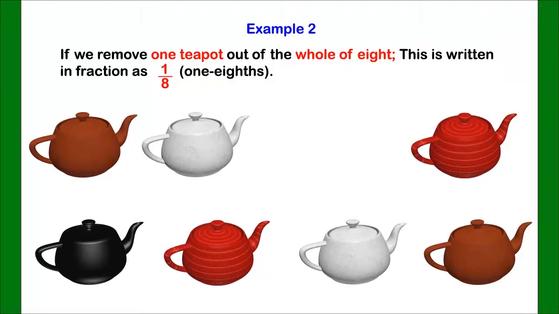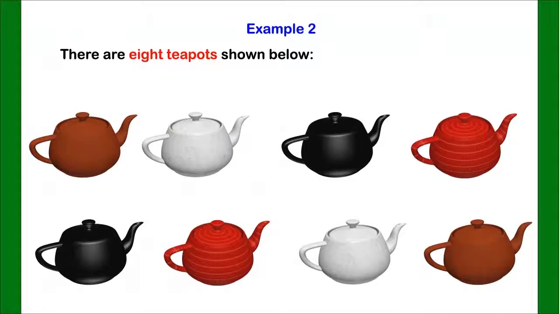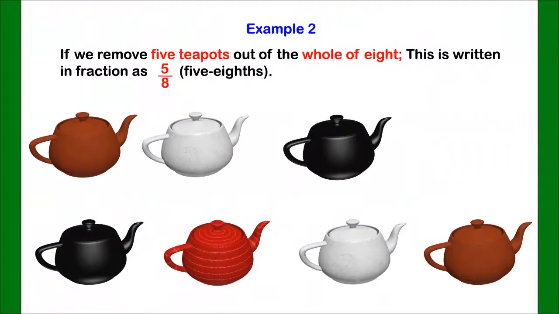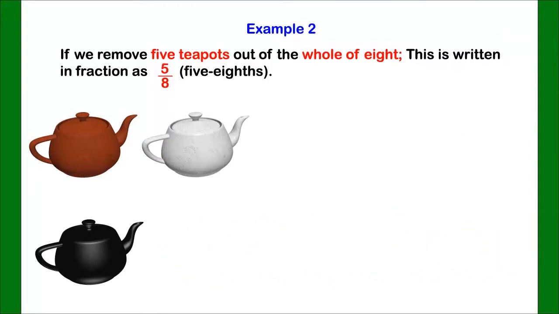The fraction of teapots removed is 1/8. Let us assume that we still have 8 teapots. If I remove 1, 2, 3, 4, and 5 teapots as shown on the screen, the fraction of teapots removed is 5/8.